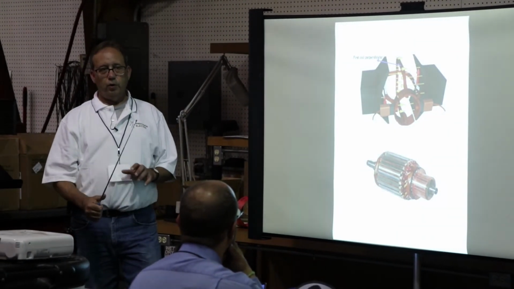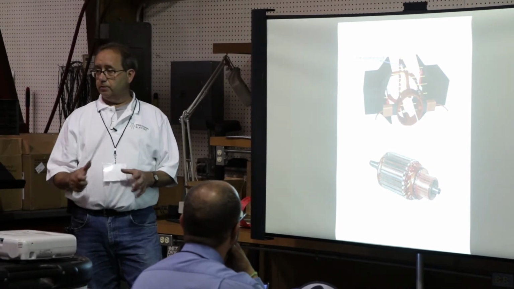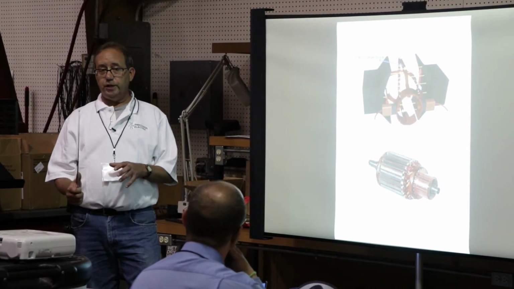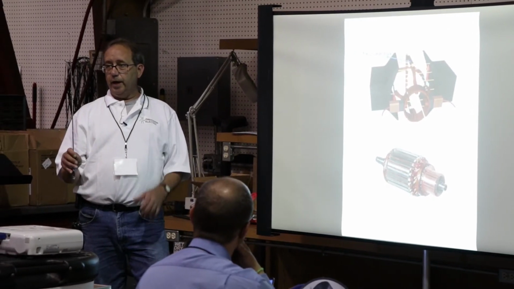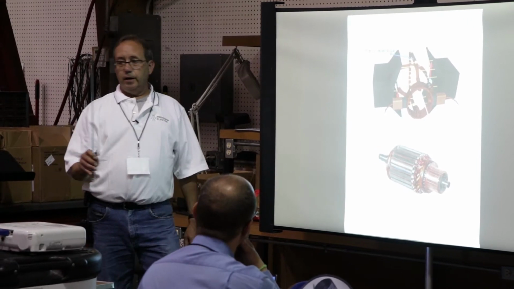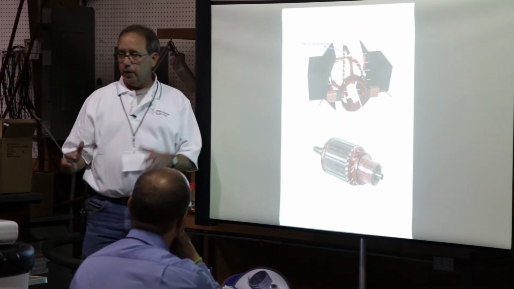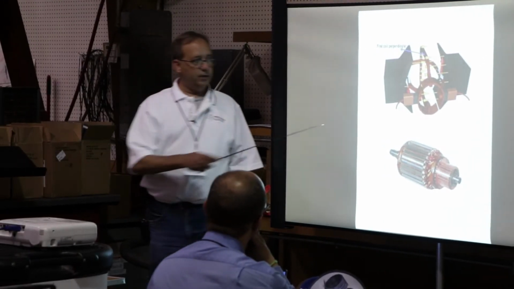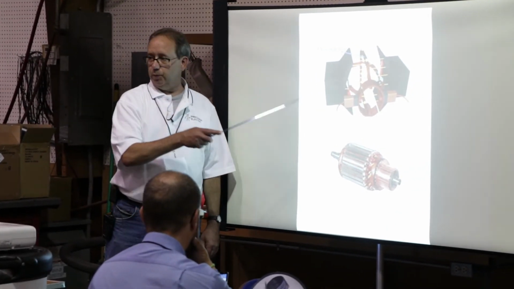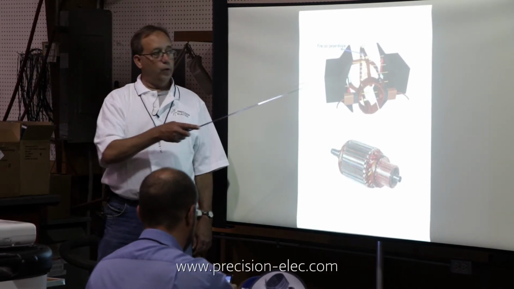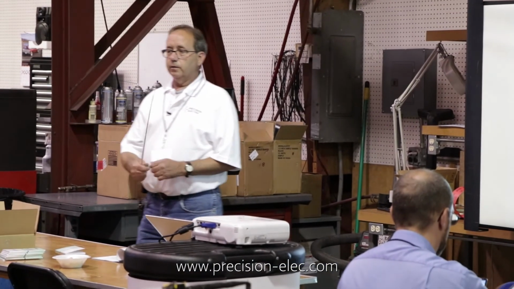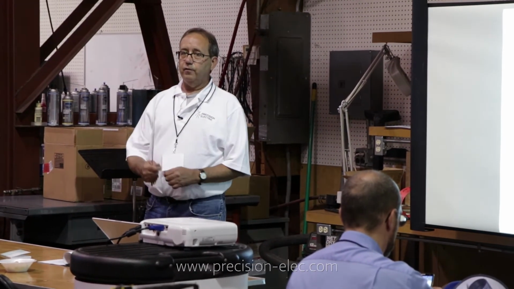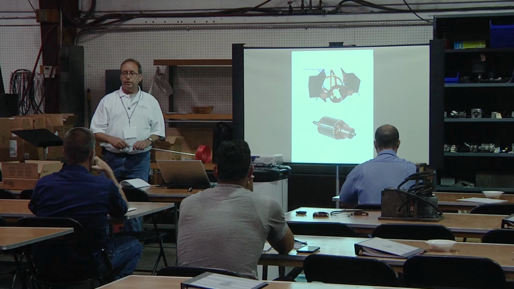You can rotate the brush holder off of the segment of the comm that it was on onto an adjacent one, and you'll see the needle move. Then you keep doing that until that needle doesn't move. At that point, you know that brush rigging is set properly because there's no induced voltage into it, because it's perfectly perpendicular with the field. We're making AC by flashing it with the DC, on, off, on, off, and then just observing the position of that coil by virtue of that little microamp meter.